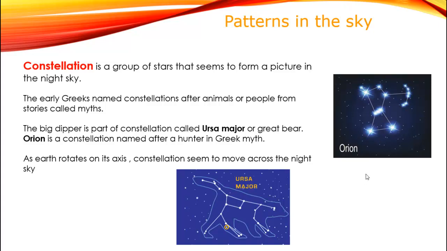The Big Dipper is a part of a constellation called Ursa Major, or the Great Bear. And Orion is a constellation named after a hunter in Greek myths. As Earth rotates on its axis, the constellations seem to move across the night sky, so the constellations can change because of the rotation of Earth on its axis.